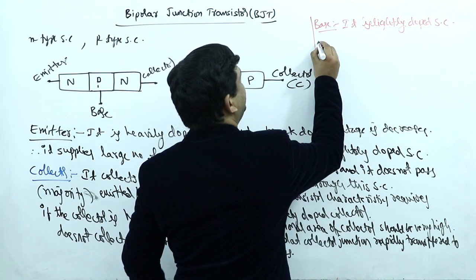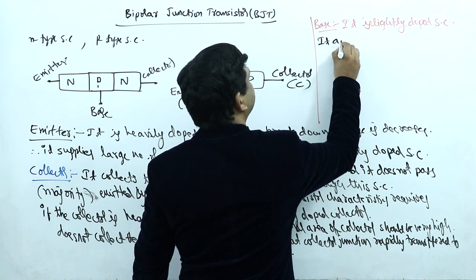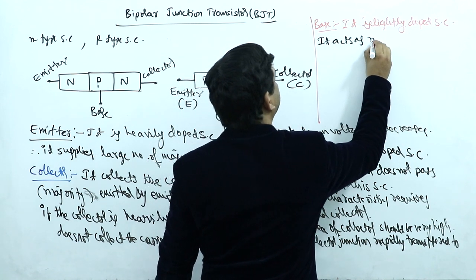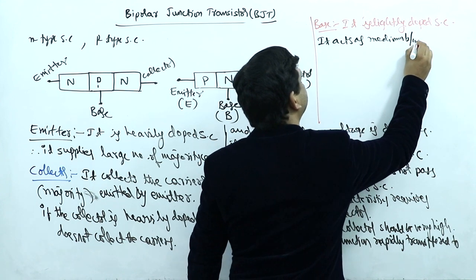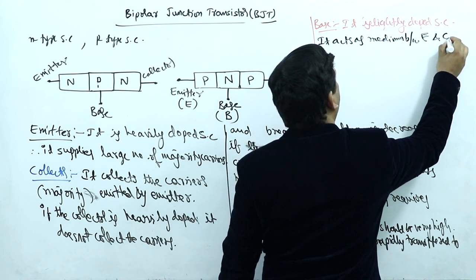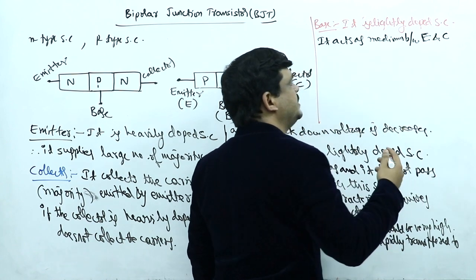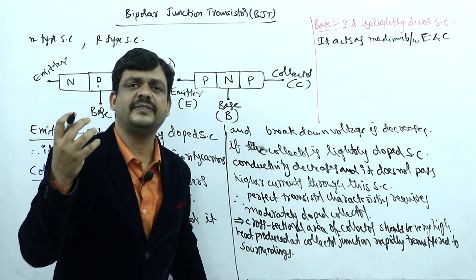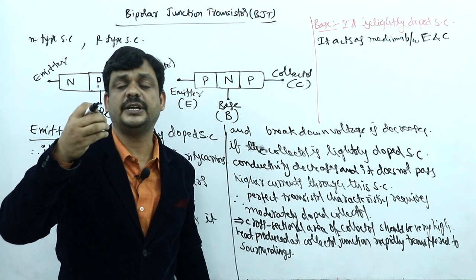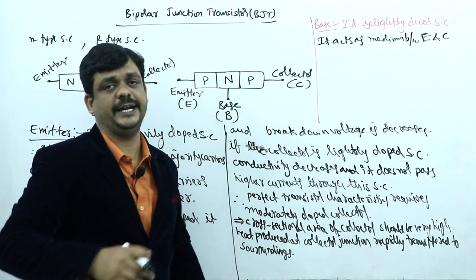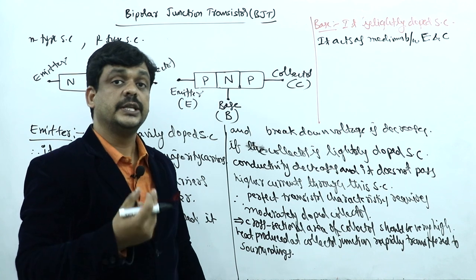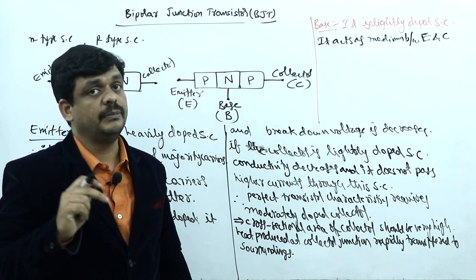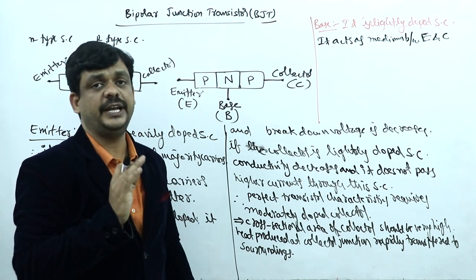Whatever carriers are emitted by the emitter have to be transferred to the collector side. So for that purpose it requires some other material in between these two. That material is the base, but the doping level here is very low.